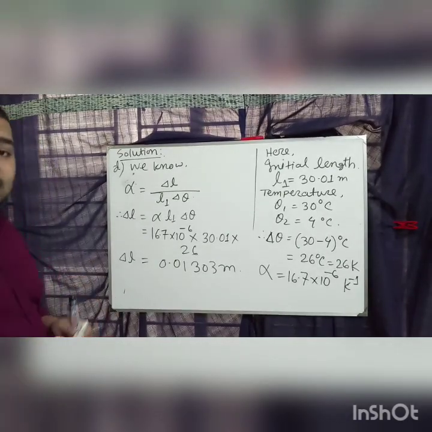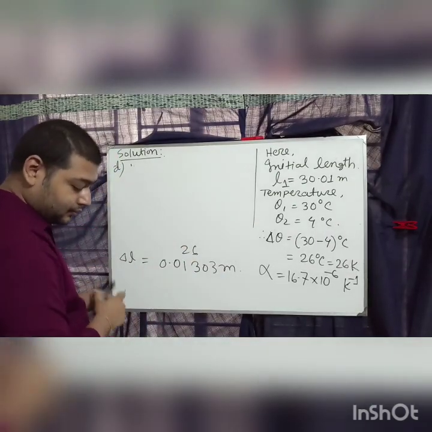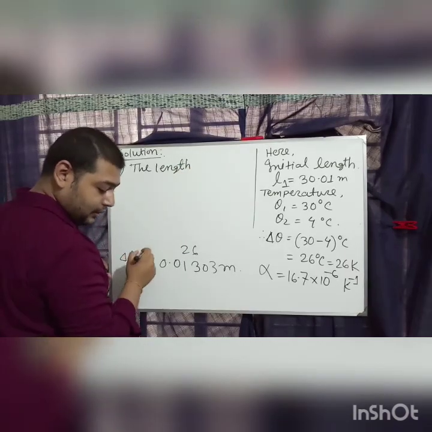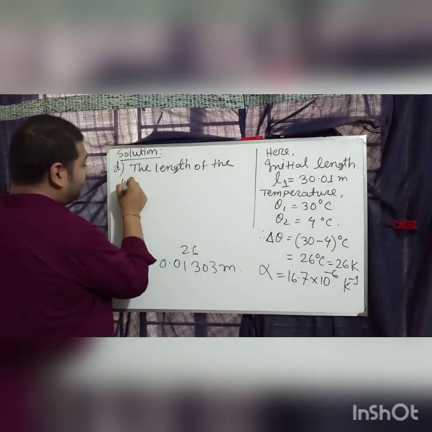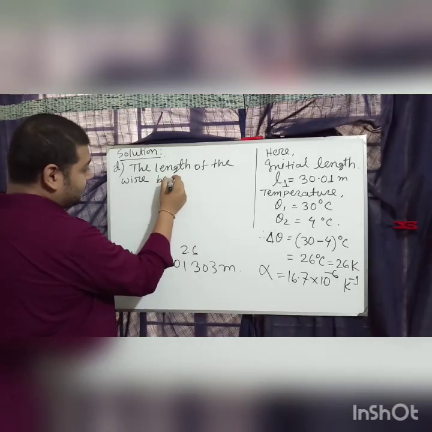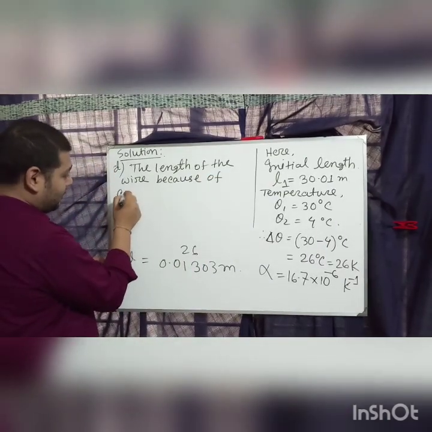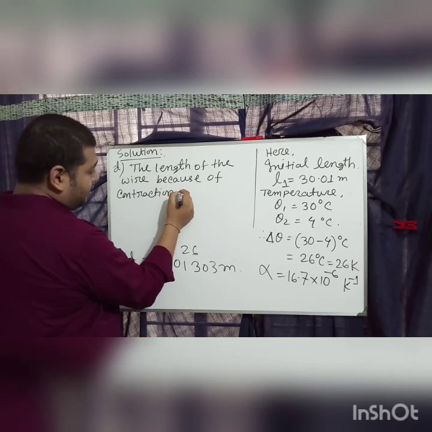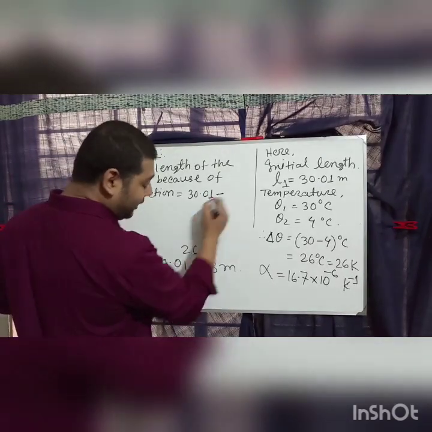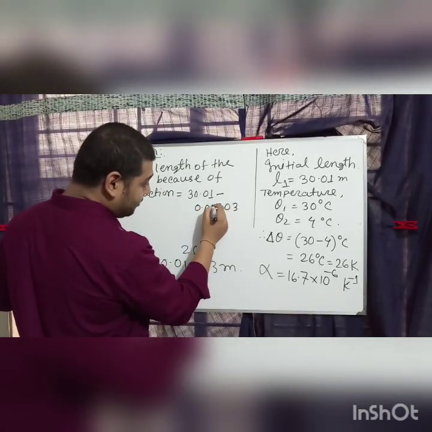So for winter, the length of the wire because of contraction equals 30.01 minus 0.01303.